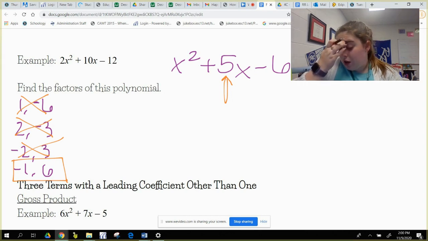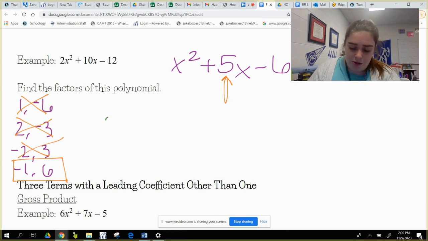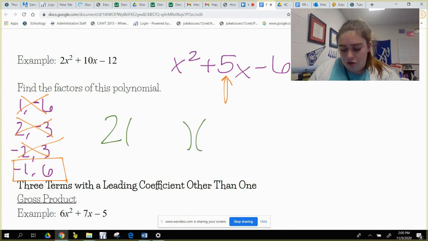All right. Now remember, our greatest common factor that we took out was 2, right? So we need to write that at the beginning because we factored that out. That's going to go at the beginning, and then we're going to have our 2 binomials, okay, and an x in each one. In our first binomial, we're going to have that -1, so it's going to be x minus 1.